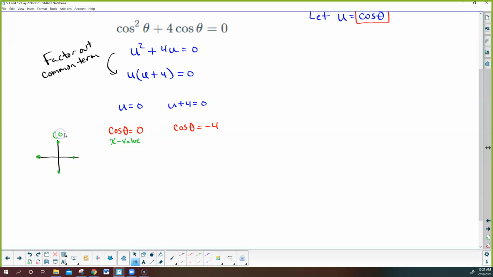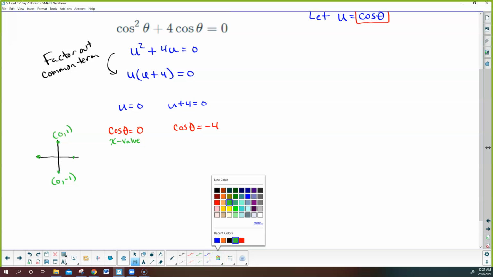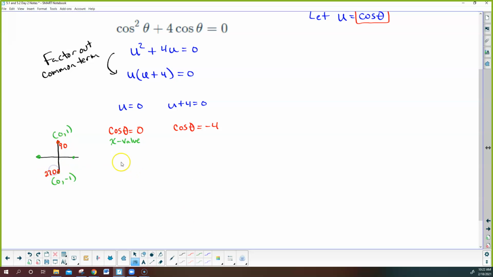That means I'm going over 0 up 1 or over 0 down 1. And those are my two answers, right here and right here. And then we want our answer in degrees. So where is this location? It's at 90 degrees and 270.